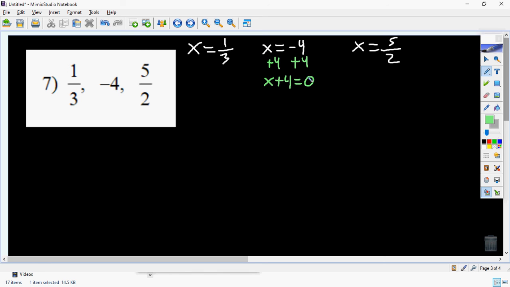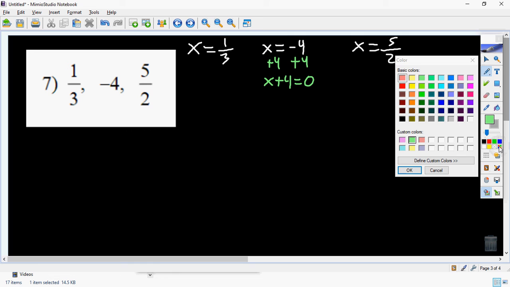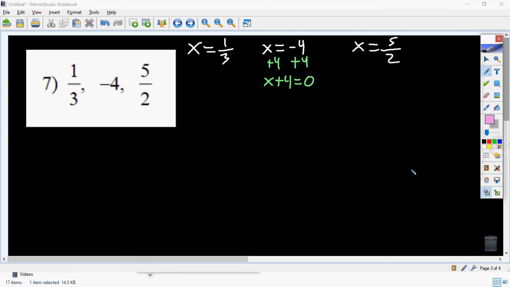The other two are fractions. And I don't want fractions, not because I just don't want fractions, but my instructions specifically tell me that my coefficients have to be integral. That's what it means by integral coefficients. So I don't want fractions, and I want to get rid of them right now. So we're going to multiply by the denominator. In this case, that means multiplying by 3. So I have 3x equals 1.